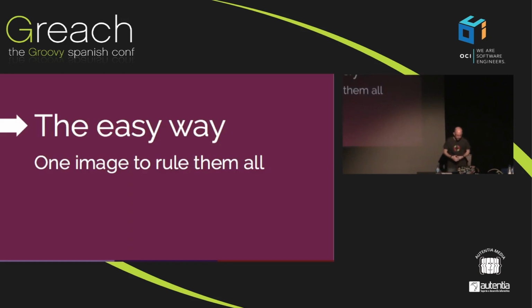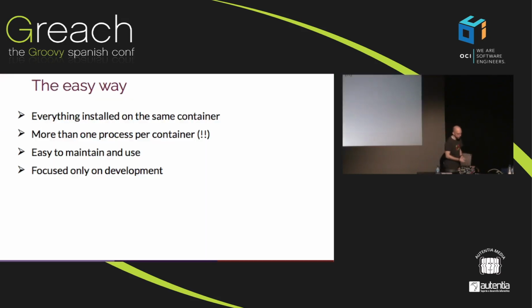We have 2 different options. Well, maybe we have more, but I'm going to show you 2 different approaches. The first one is the easy way, which I call one image to rule them all. With this approach, everything, all the dependencies, all the application, is going to be run on the same container. And if you know a little bit about Docker, here I'm going to start more than one process in the same container, which is something like, whoa, you shouldn't be doing that.